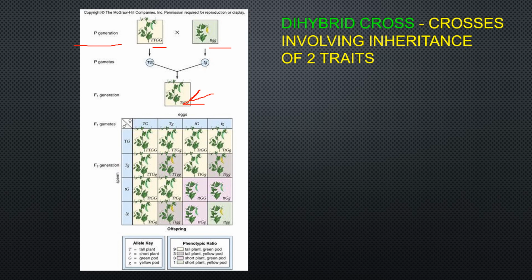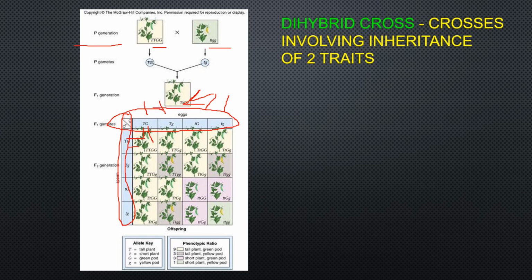So then we look at the F1 gametes and all the possibilities that could occur there. We could have dominant and recessive alleles for tall, and dominant and recessive alleles for green or yellow, and that's both in the sperm and egg. And then we just have to cross every one of them, taking an allele from each of the sperm and the egg.